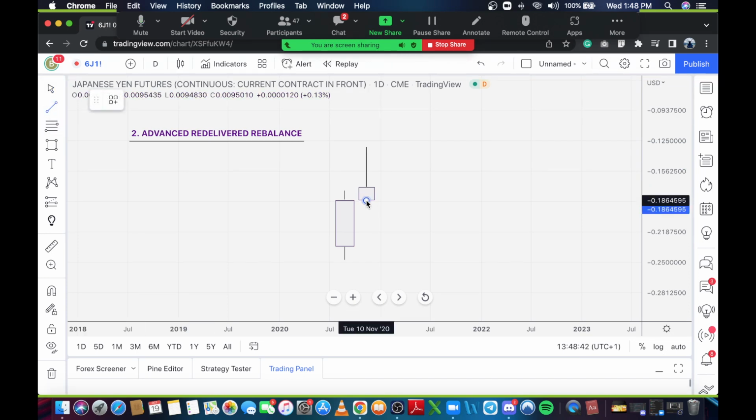This candle trades down to the bottom of the candle. That's your gap wick. And then the next candle opens, and now unlike the first one, it does not trade above the high of the gap wick. Rather, it trades up inside the gap wick and then closes below, and then you get this.